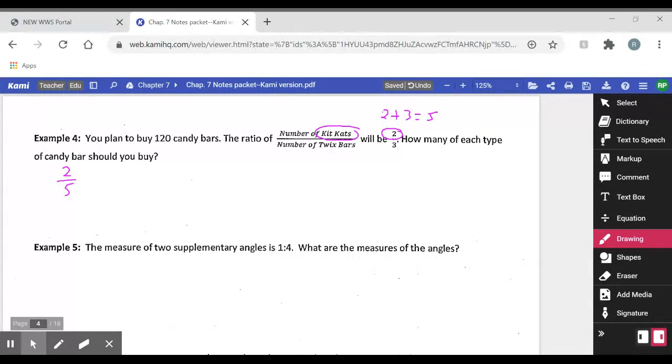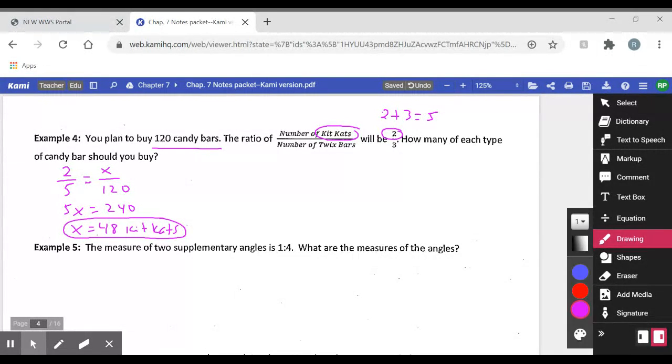So 2 out of 5 is equal to x over the total amount of candy bars we have here, which is 120. And then if I cross multiply, I end up with 5x is equal to 240. And if I divide by 5 on each side, I get x is equal to 48. And that would be Kit Kats. Make sure you put units with your answer at the end.